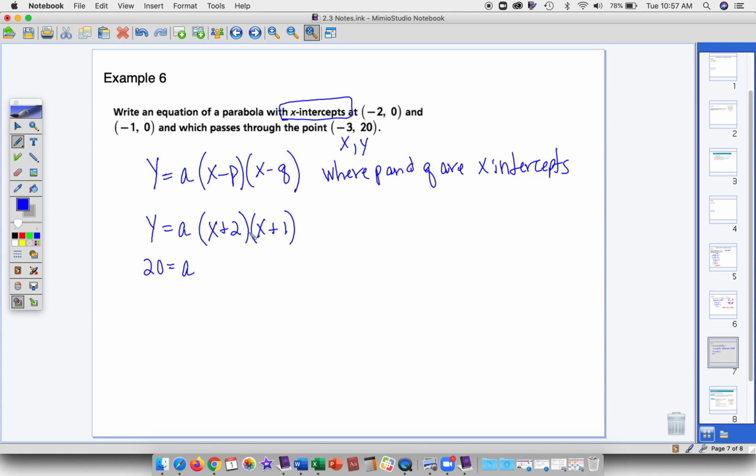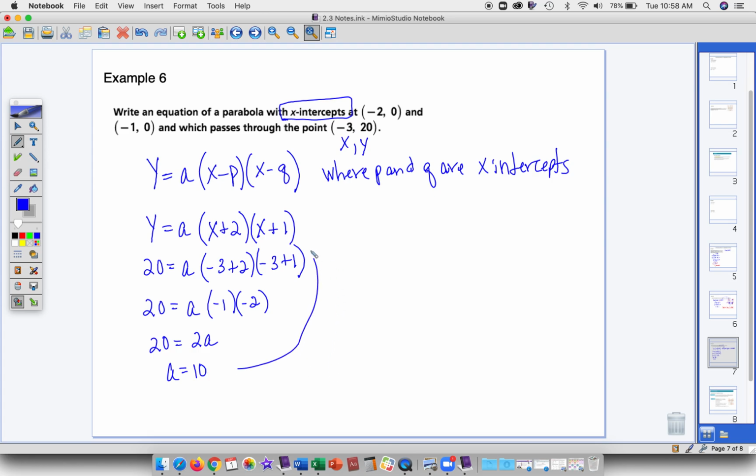I'm going to replace both of these x's with the -3. And then I just have to calculate inside the parentheses first. So that's -1 and -2. So that gives me a +2 times a. So a is equal to 10.